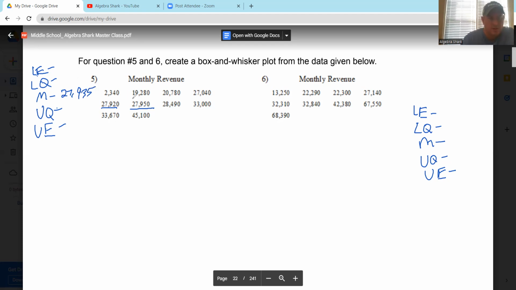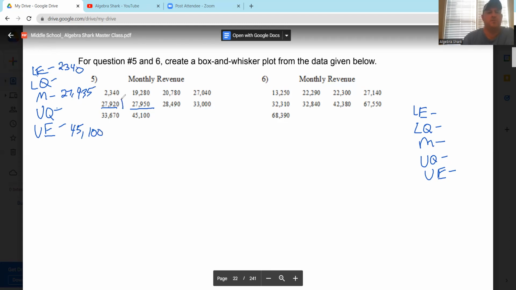All right, we know that the lower extreme is going to be 2,340. We know that the upper extreme is 45,100. Okay, so now we just need the lower quartile and the upper quartile.